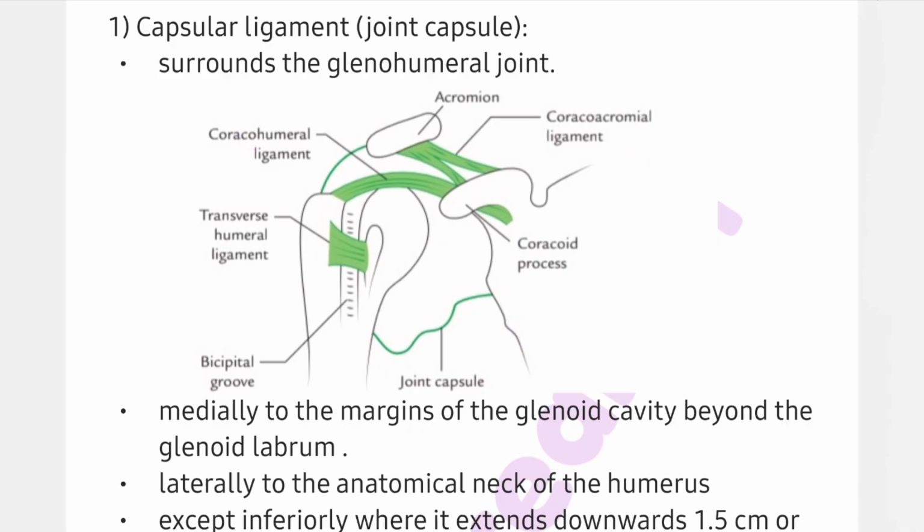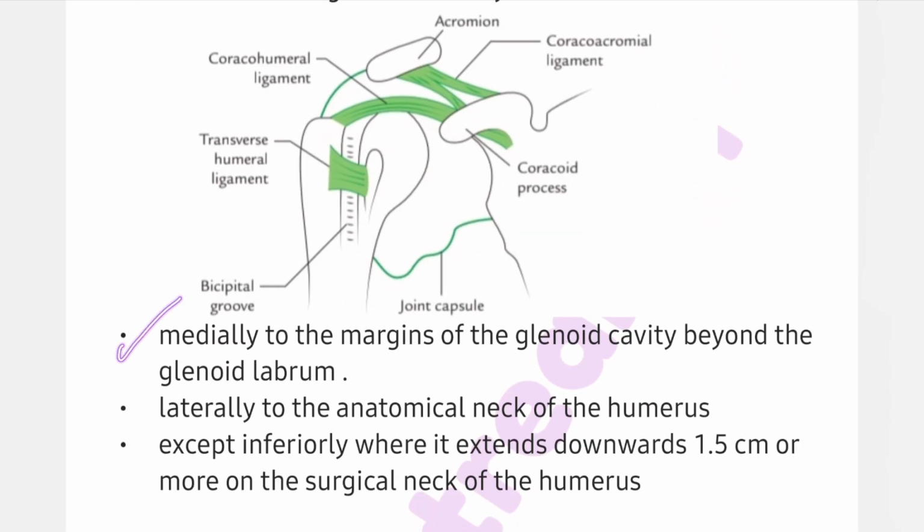So medially, I have said that glenoid cavity is there, it is deepened by glenoid labrum. So medially it is attached to margins of glenoid cavity behind the labrum. Laterally, it is attached to the anatomical neck of humerus.